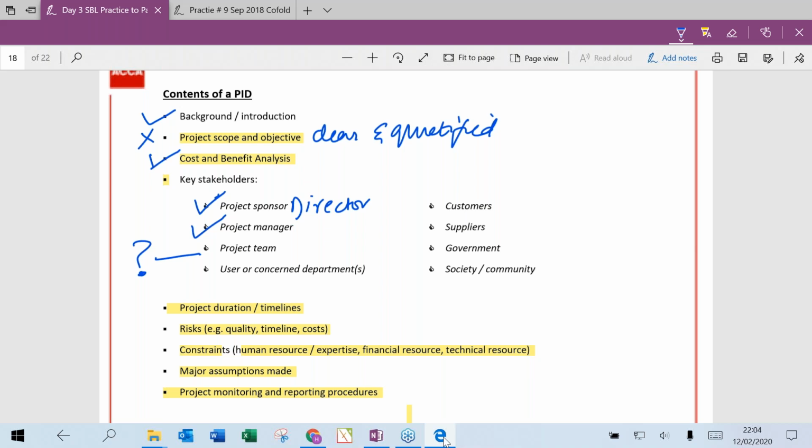Customers, suppliers, government. The case says that the project is tendered by the government, and the government has given us the tender. So government is a key stakeholder, and the communities and the villages are key stakeholders. It's mentioned somewhere in the case, but we did not read those exhibits now. So I think project team is missing.